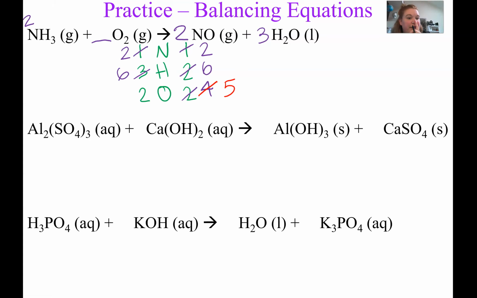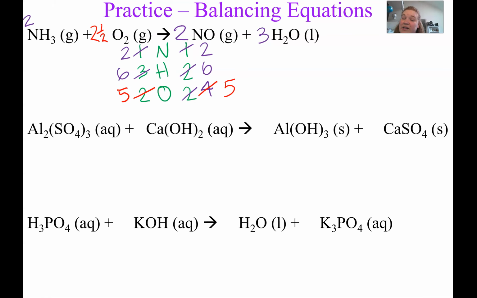So what we want to think is, what number can we put right here that would allow us to balance out the oxygens? And what I'm going to put right there is a 2.5, because 2.5 times the 2 atoms will give us a 5.